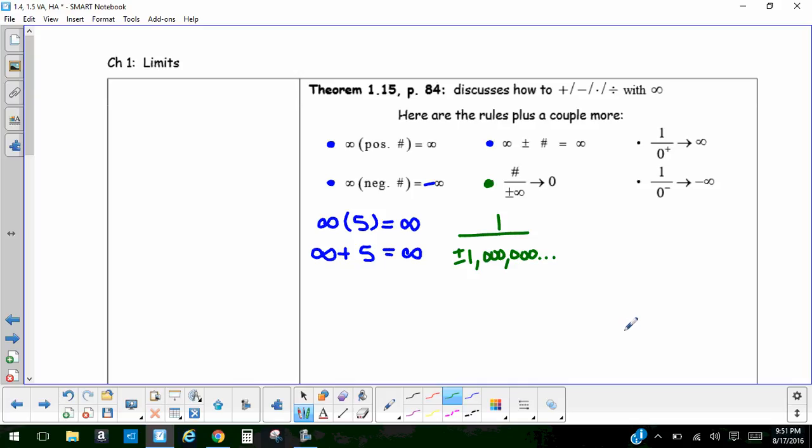Well, if you think through 1 over a million, 1 over a billion, 1 over a trillion, that gets tiny. That's 0.000000, and so on until you get to 1. So that approaches 0. So basically, 1 over plus or minus something that's really big approaches 0, something that's really small.